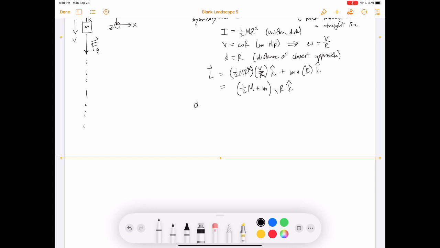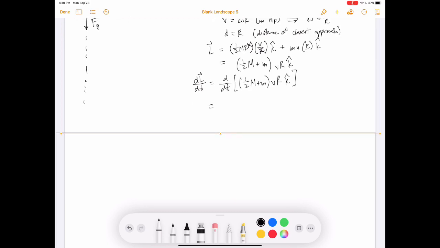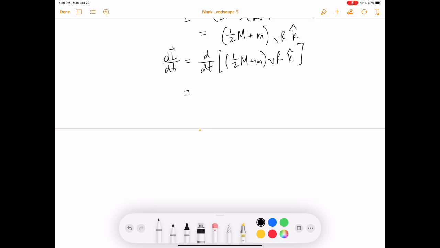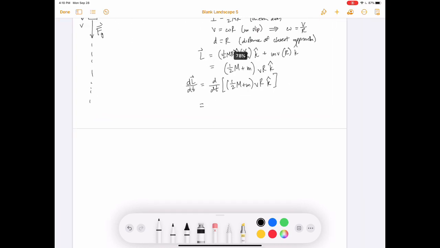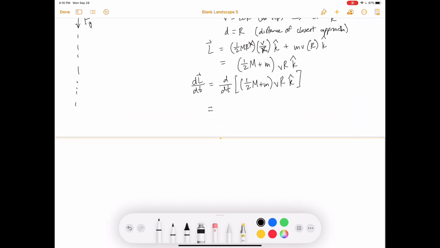So the derivative with respect to time of that total angular momentum, well, that's going to be the derivative with respect to time of 1/2 big M plus little m times v times R times k hat. And we can always pull out constants when we do a derivative. So a number of things are constant here. We have first 1/2 big M plus little m.